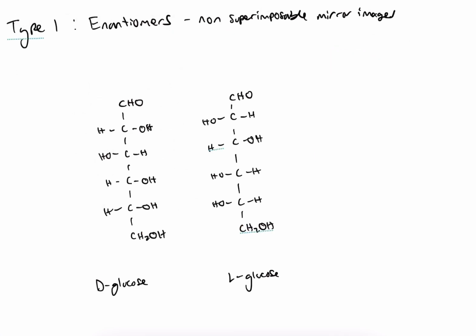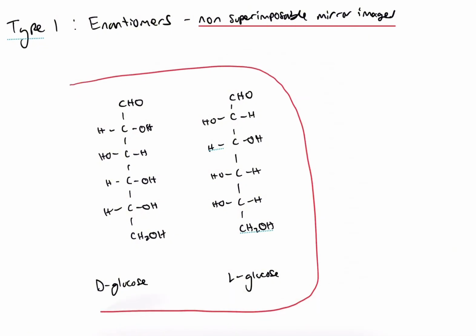So beginning with type 1, we have what we call enantiomers. The definition here is quite simple: non-superimposable mirror images. Now what that looks like is just down here below, where we have D-glucose and L-glucose. You'll find out very soon what the D and the L mean.